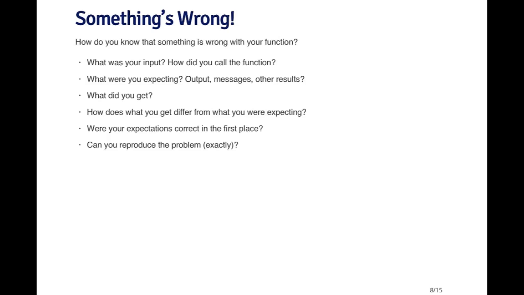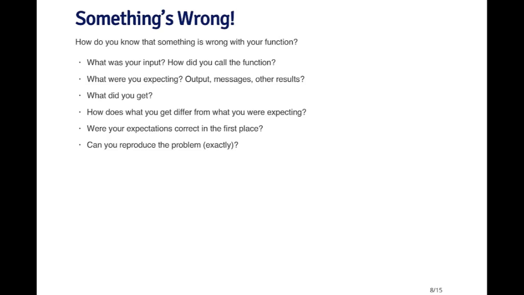Unless it's the most basic problem, you have to be able to reproduce it, because you have to be able to show someone, this is how I created the problem. Most people are not going to know what the output or the error message means, or where it came from or how you got there. So the process by which you encountered the error is very important, and you have to know how to reproduce the problem.